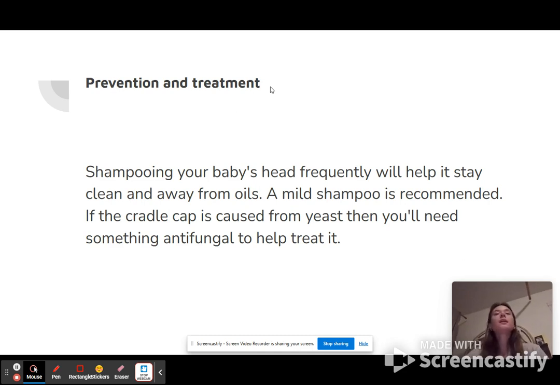And then it says a mild shampoo is recommended because your skin's already irritated and dry, so you probably want to use something that's not going to irritate it even more unless the doctor says so. And then again, for something fungal like yeast, you're going to want something more strong to treat that.